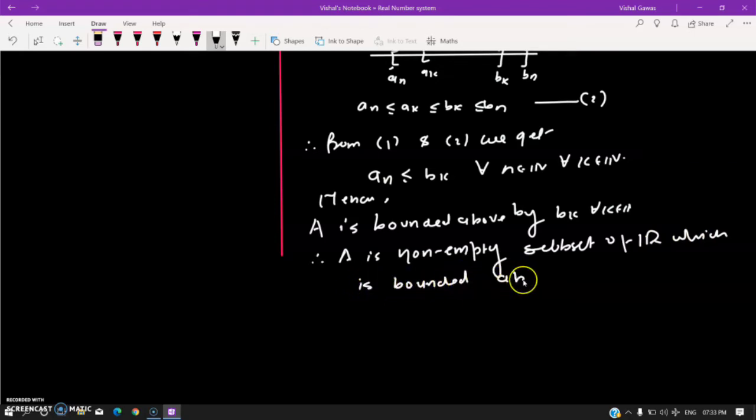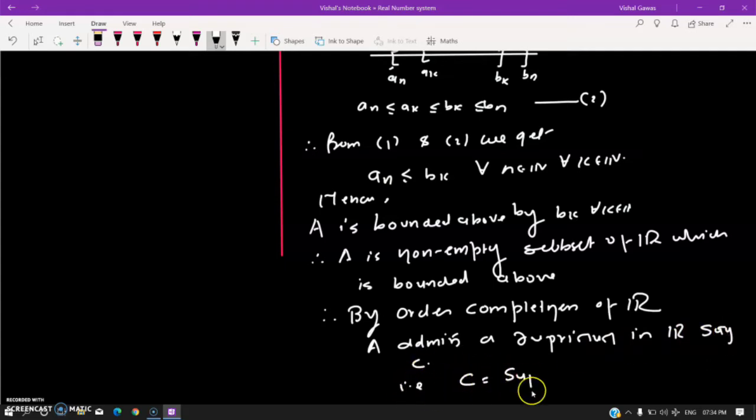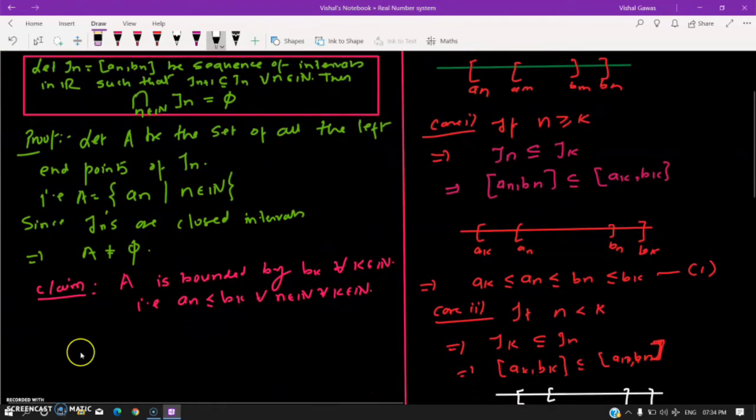Therefore, by order completeness of R, A admits a supremum in R, say C. That is, C is equal to the supremum of A. Let me name this as claim 1.